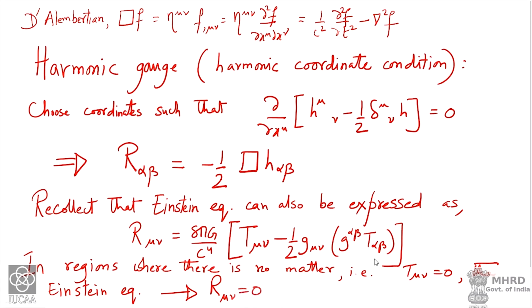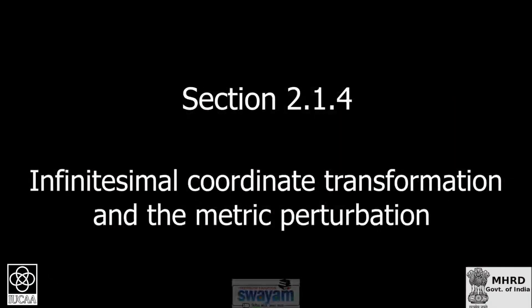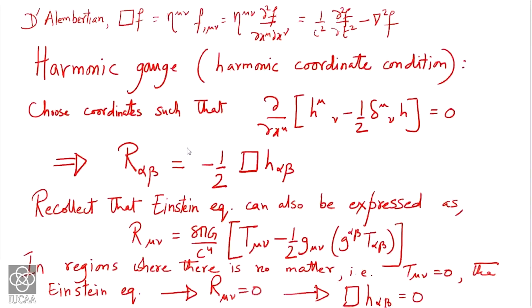Now, we go back and apply it in our case. Where there is no matter, if I use this result, what I get is the D'Alembertian of h alpha beta is 0. And what is this object telling me? The metric perturbation h alpha beta satisfies a wave equation where the wave speed is c.